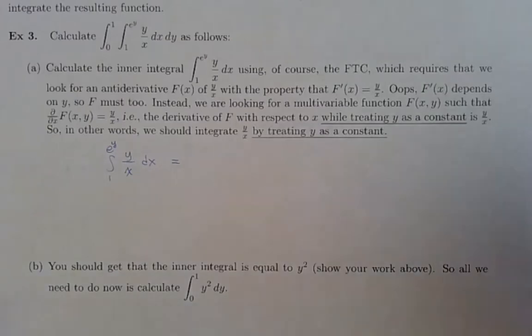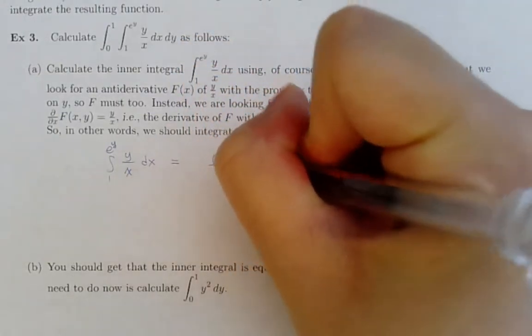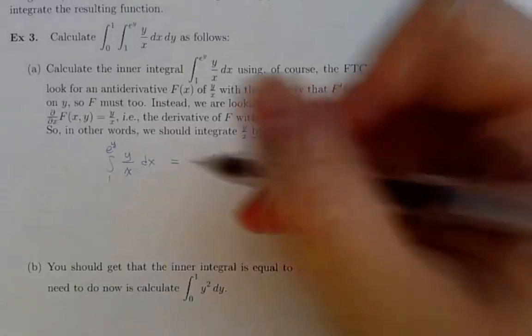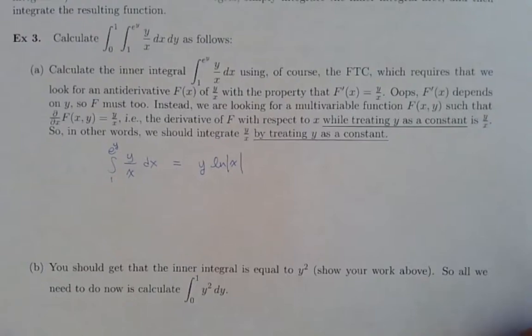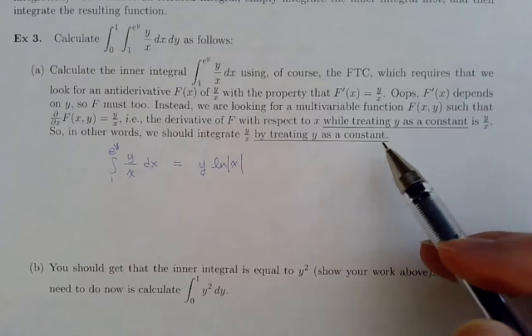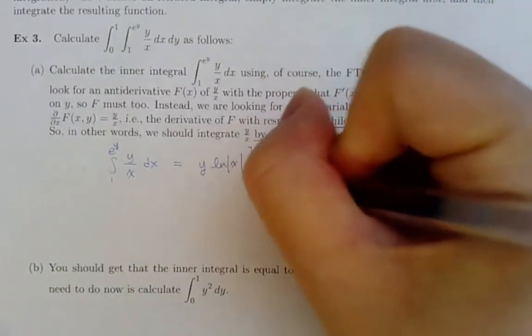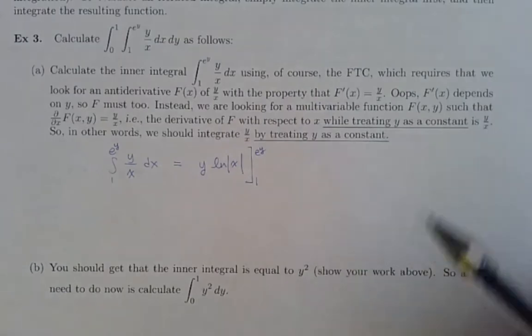Well, the antiderivative of 1 over x is log absolute value of x. y is just a constant right now, so I'll write it in front. We're treating y as a constant. And we'll evaluate this from 1 to e to the y, and that's the x value.